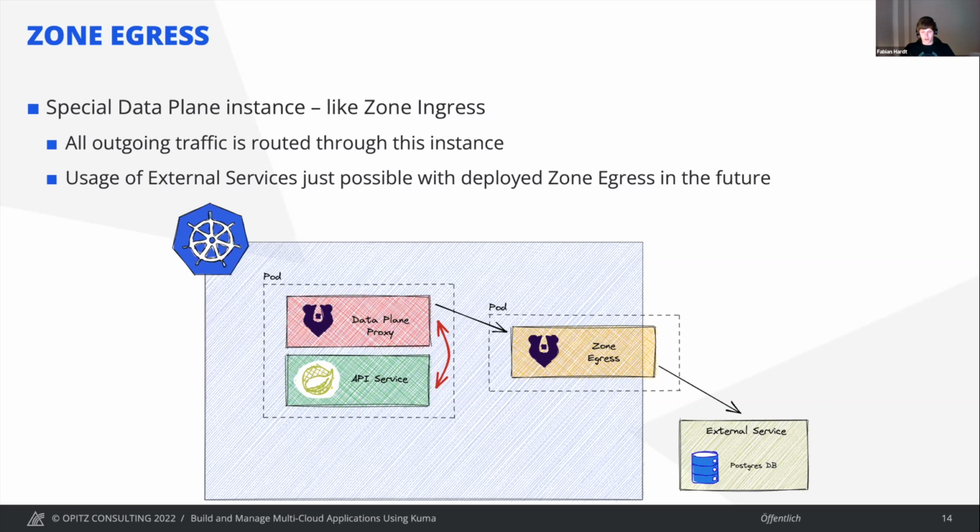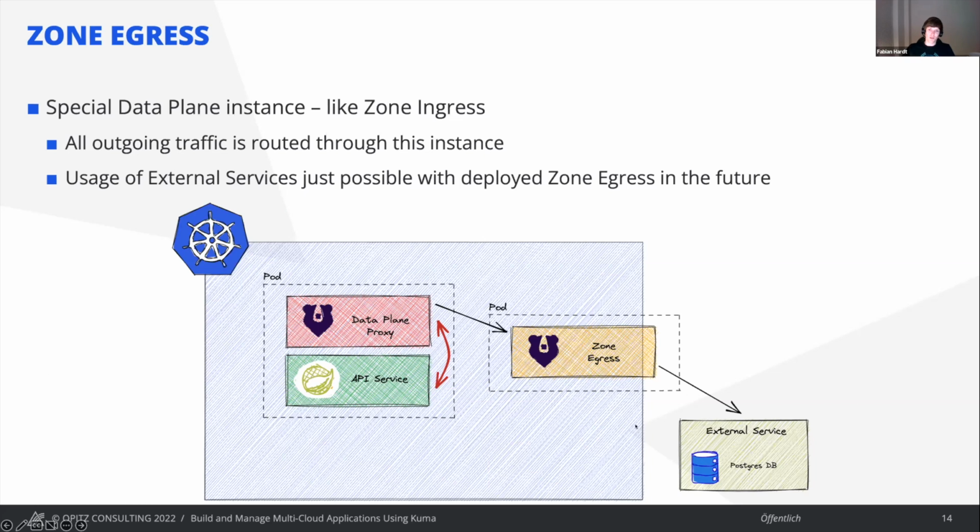This is important for the other zone, so that they can configure their firewall for, let's say, one special IP address of this zone egress point. So you can define the routing and firewall rules directly for one IP address or one special fully qualified domain name, for example.